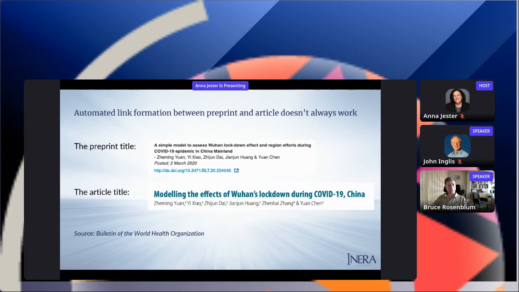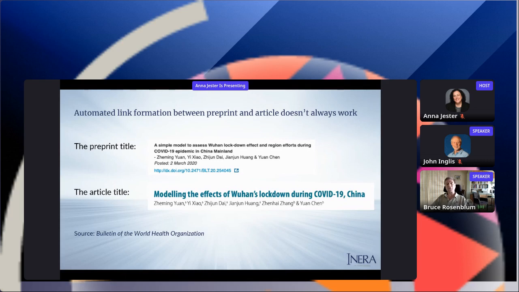And my recollection is that is how a fair amount of the backfill is happening. So when you see a link to the journal article on medRxiv or bioRxiv, I believe that's happening because they're getting updated data from Crossref indicating here's the published version. And John, please feel free to jump in if I'm wrong on that.